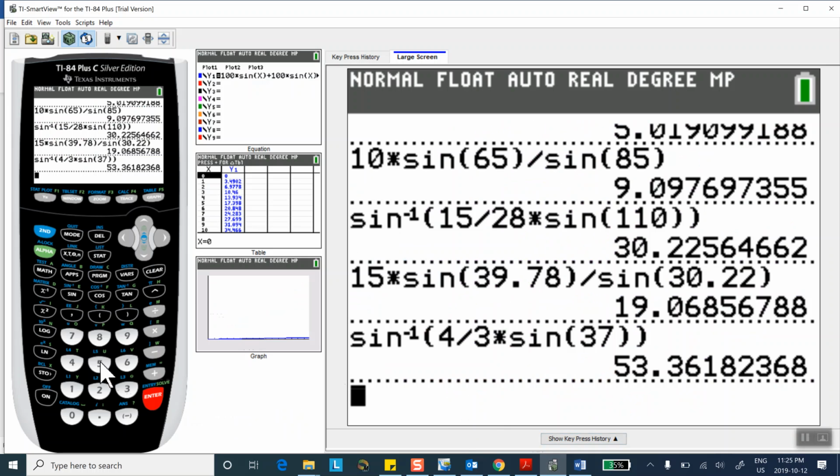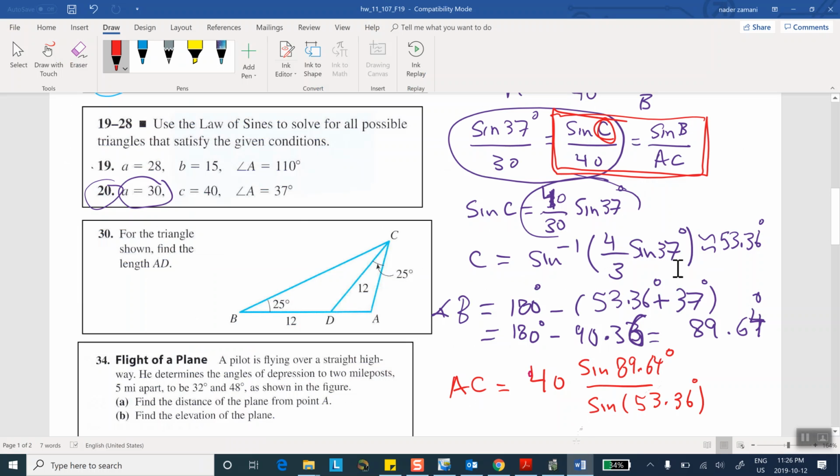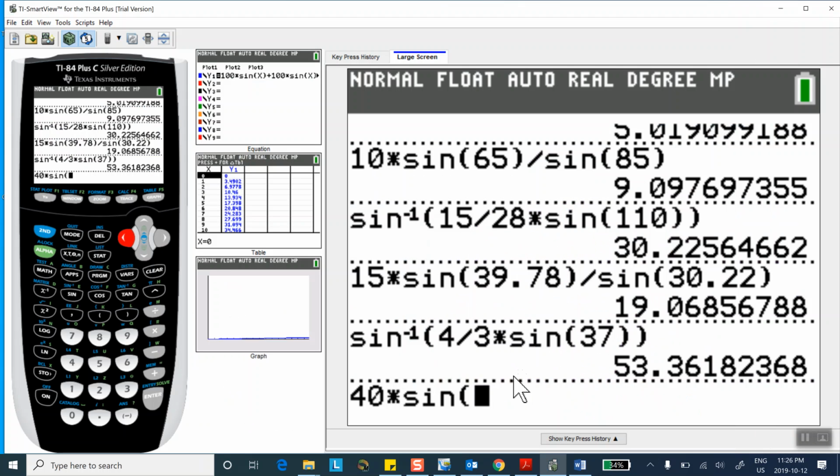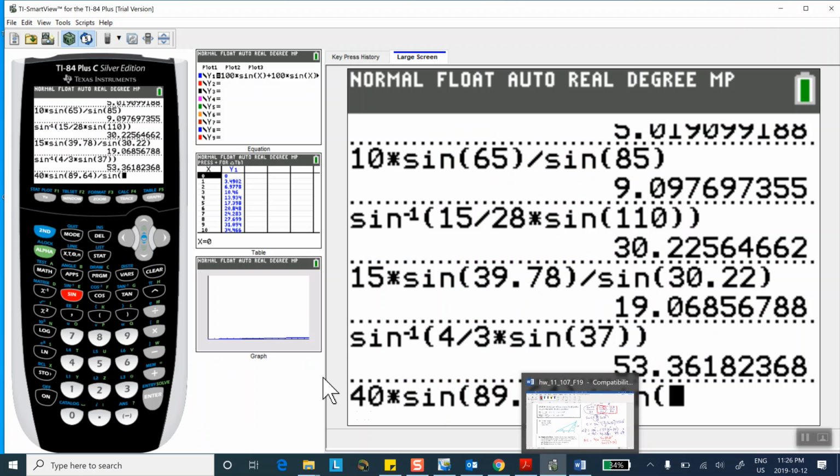Okay, let's go ahead and type this thing in. 40 times sine of 89.64, close the parentheses, and then divided by sine of 53.36.